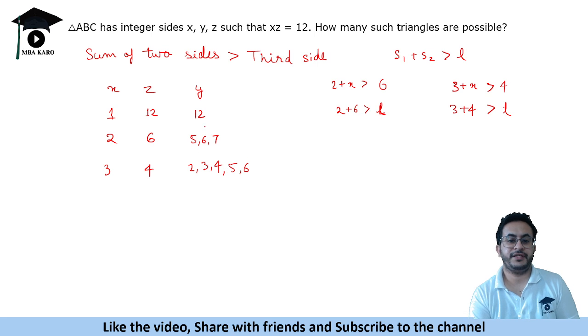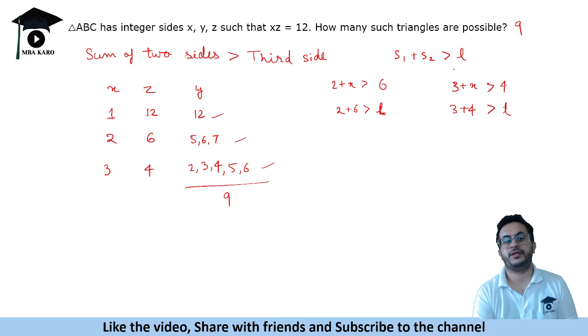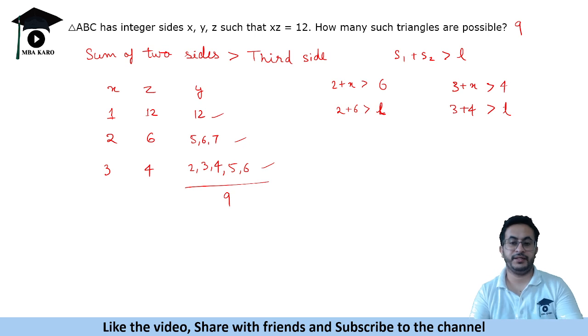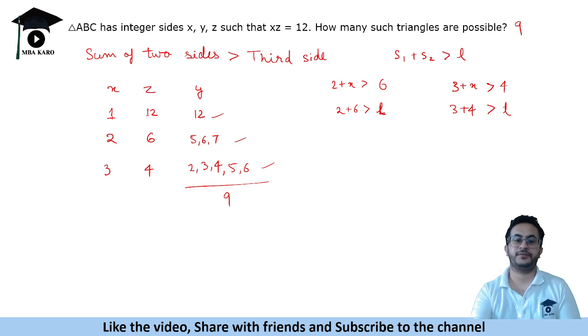So we have these possibilities. The third side could be 12 in the first case, so we can get these many cases. So 1, 3 and 5, a total of 9 such triangles are possible. So this is the property that the sum of two sides is greater than the third side of the triangle.